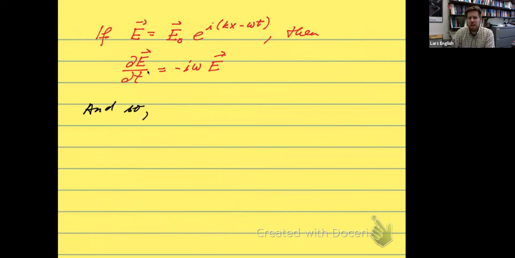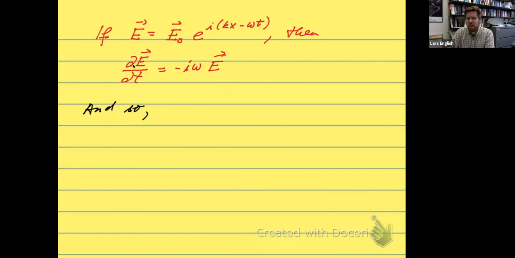Then if I take a partial derivative with respect to time of this electric field, what you see is it pulls out front a minus i omega from the chain rule, but the rest is untouched, unchanged, right?